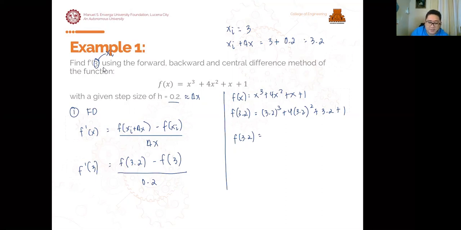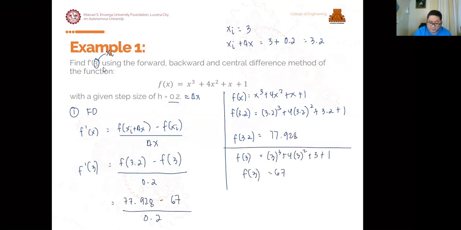Once we get those values, we just substitute them in our given equation. So, 77.928 minus 67 all over 0.2 gives f prime of 3.